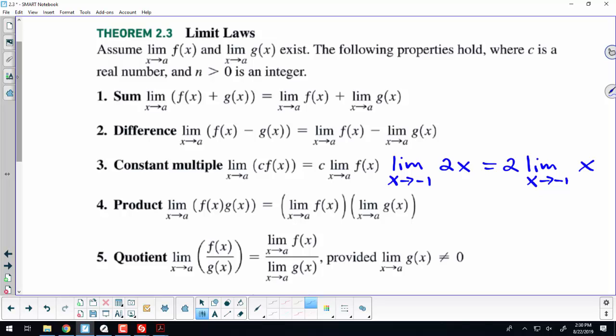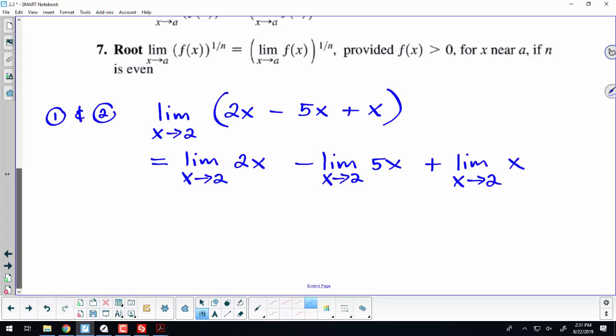The product of 2 functions, again, the limit operation can be distributed across products as well. So I don't have space for that. I'll write it down here. Okay, right now we're sort of limited in what functions we use, but say we had the limit of 2x times 3x, for instance.